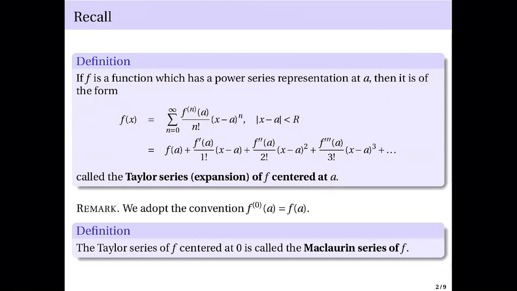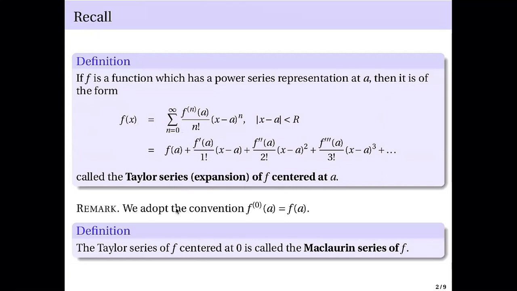Of course, we can have the radius of convergence equal to infinity, which means that the equality is valid for all real numbers x. Again, we call this the Taylor series expansion of the function f centered at a.